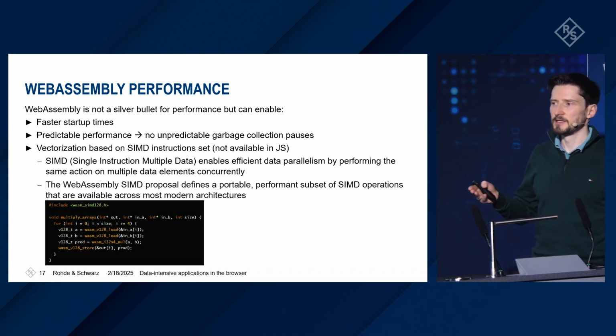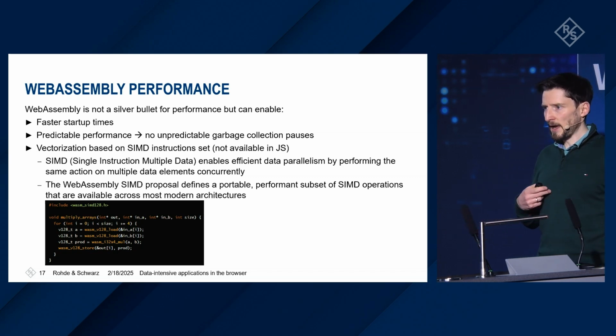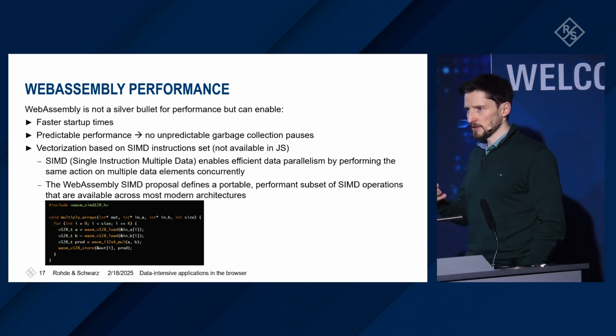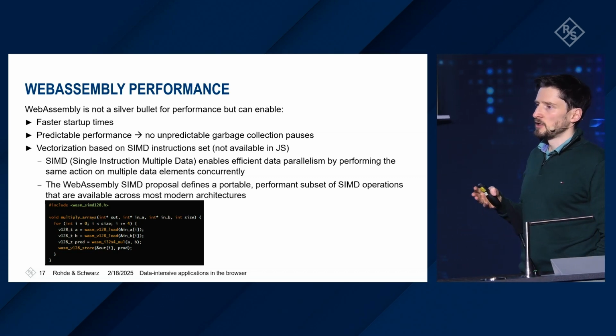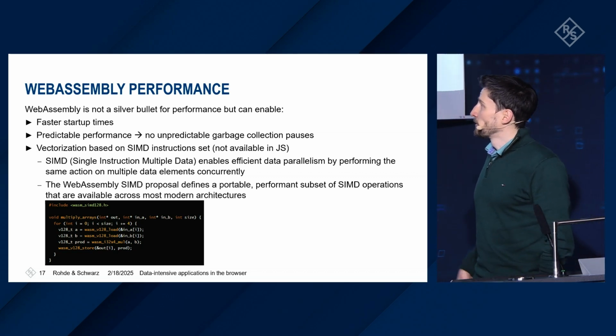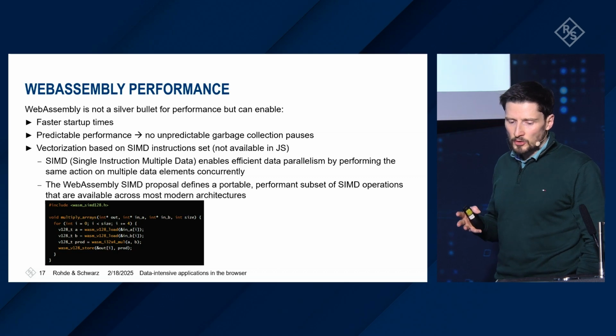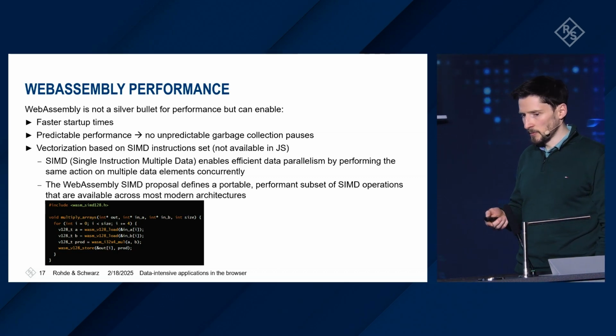And with WebAssembly, it's easier to be on the fast path. And finally, and in my opinion the most promising feature, and the one I have the most hopes for in map applications in the future, is this SIMD vectorization feature, which you can only use in WebAssembly and not in the classic JavaScript world.